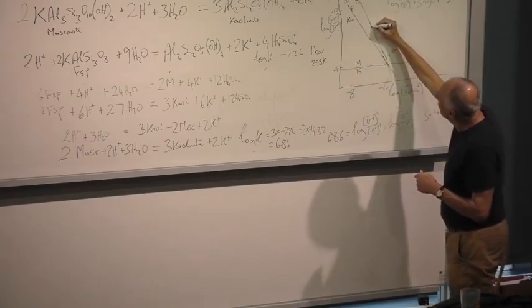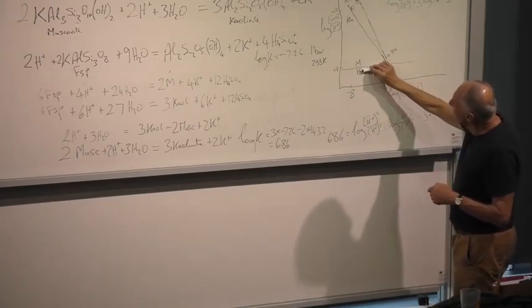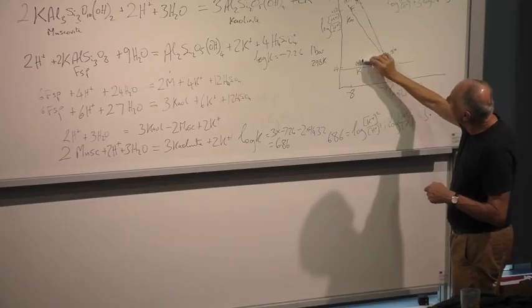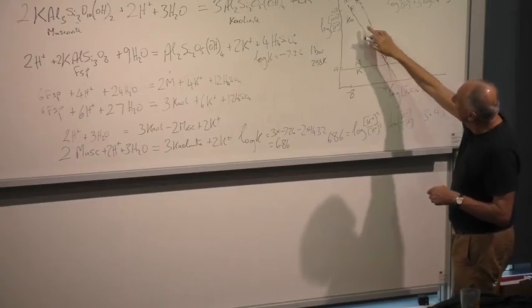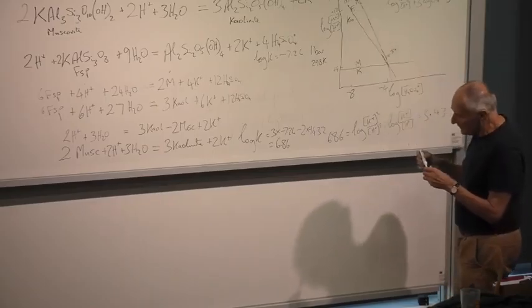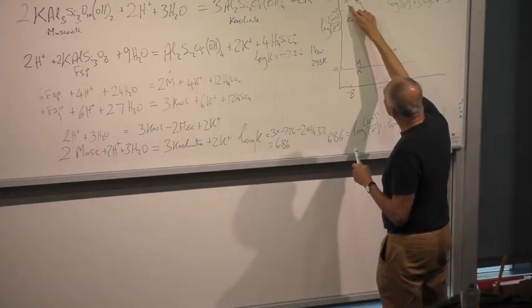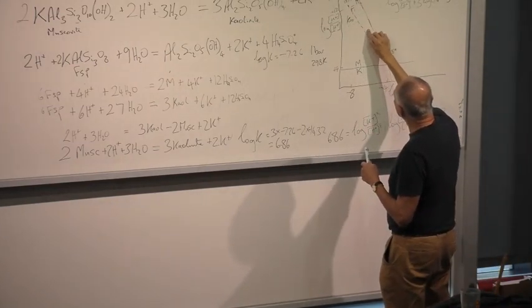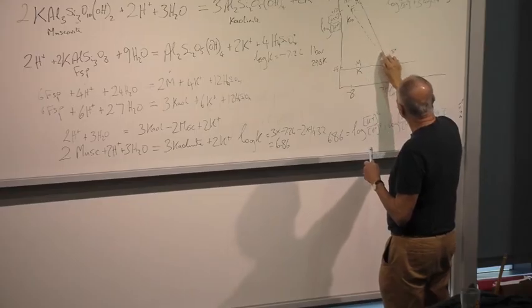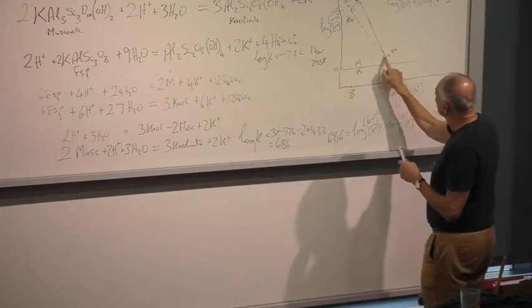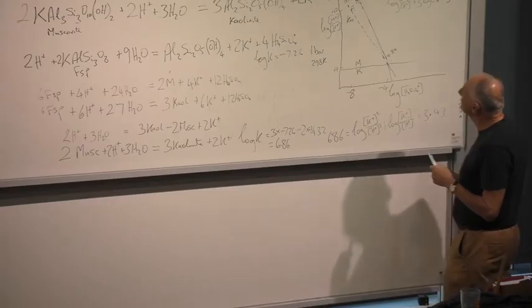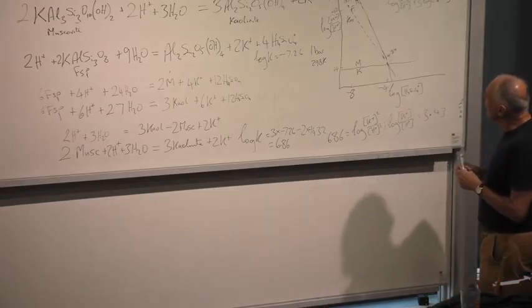And kaolinite breaks down to muscovite everywhere above that line. So this feldspar kaolinite line up here cannot be stable. So this is metastable, like so.